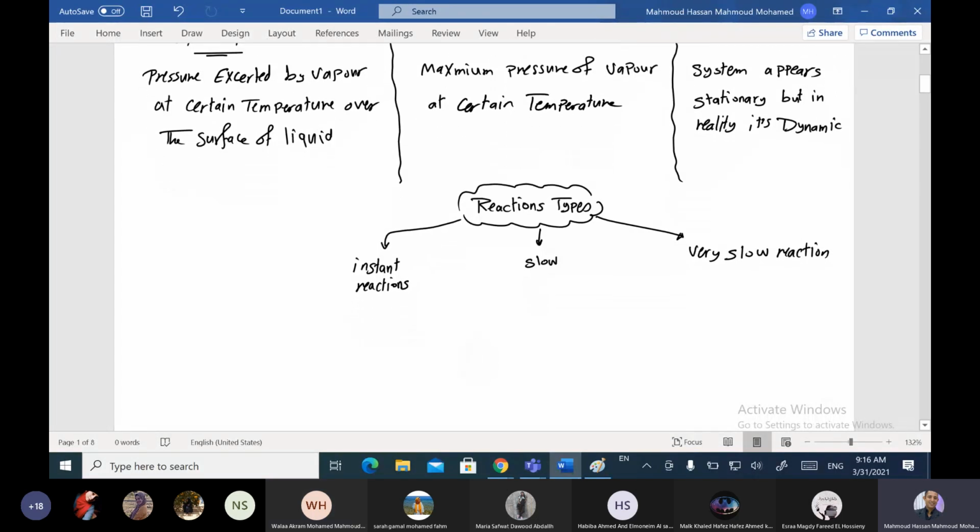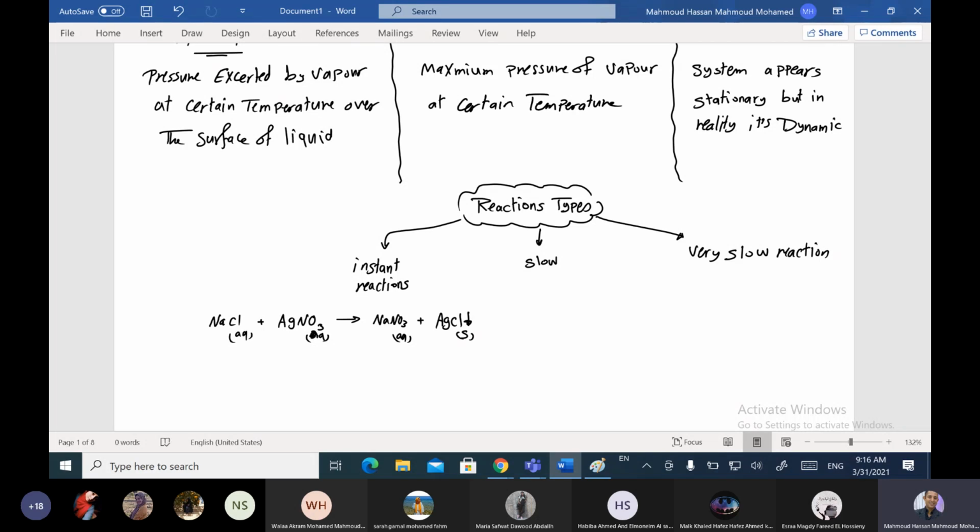The reaction type according to the rate or speed of the chemical reaction. Instant reactions means the reaction takes place in a moment, like when we make the reaction between aqueous sodium chloride solution and silver nitrate, also in aqueous solution, it gives us NaNO3 and the solid precipitate of AgCl.